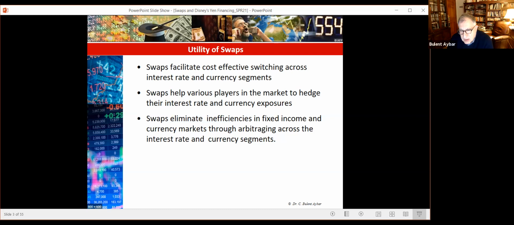As markets, particularly fixed income and currency markets, became more efficient, this is less of an opportunity as compared to the early years of swaps, when the swaps were initially created.